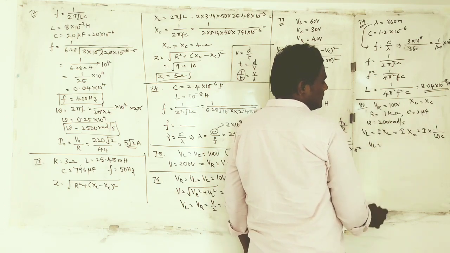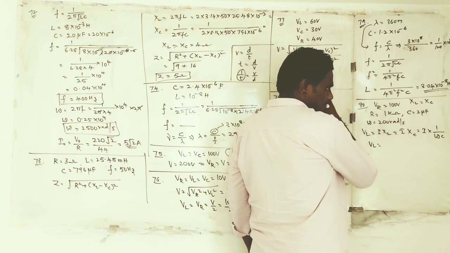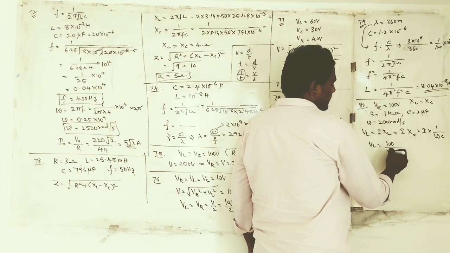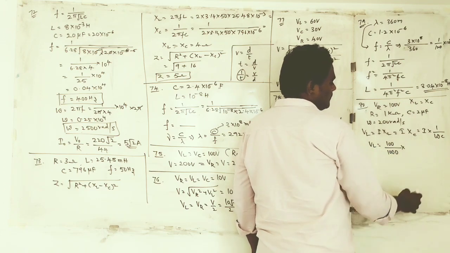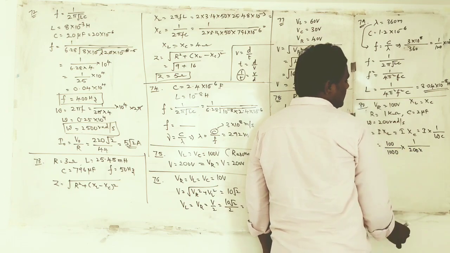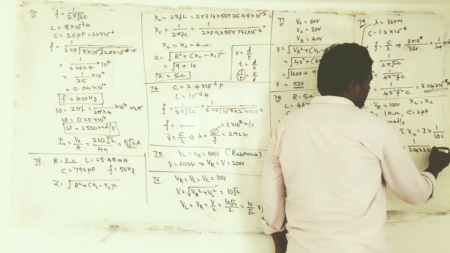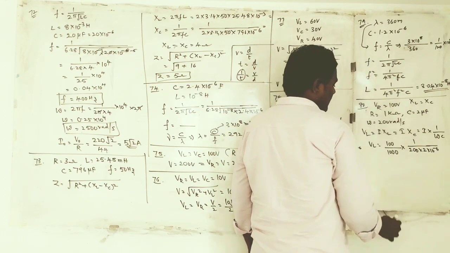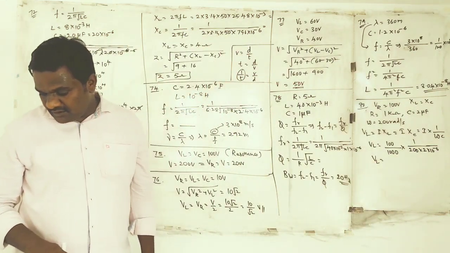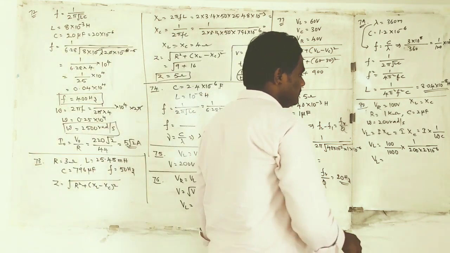So I can write VL is equal to I, that is V by R, 100 volts divided by 1000 ohms, into 1 divided by omega, which is 200, into the C value, 2 into 10 power minus 6 farad. If you solve this, you will get 250 volts.